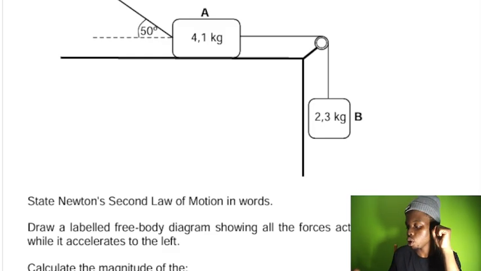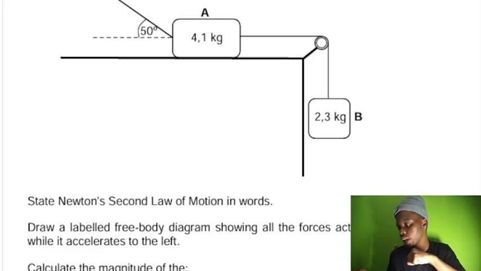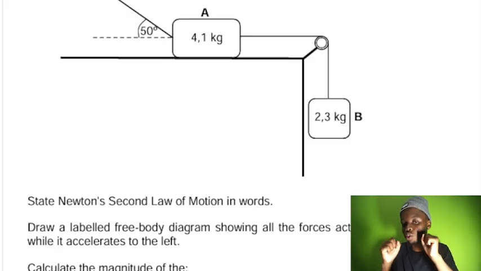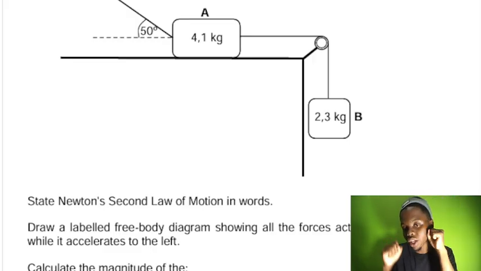That is why if you look at the 4,1 kg free body diagram, we're saying tension to the right, because the 2,3 kg block is trying to pull it to the right. But when you come to the 2,3 kg block, it's trying to pull what? The 4,1 kg. But it's being pulled up. So the tension for the 2,3 kg will be up.